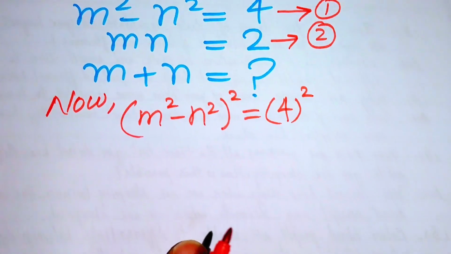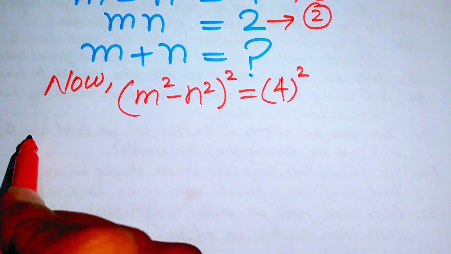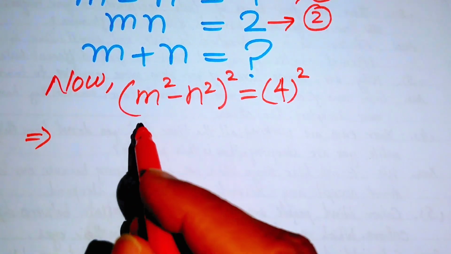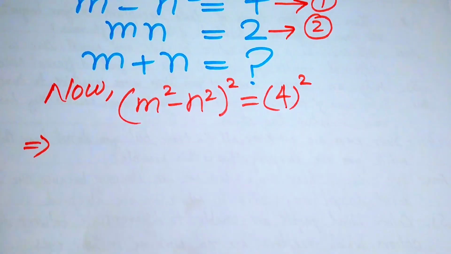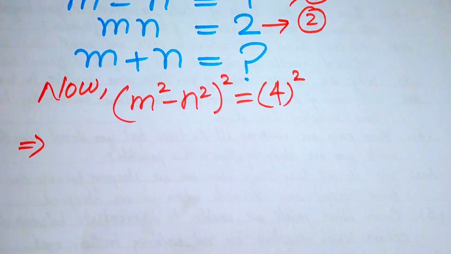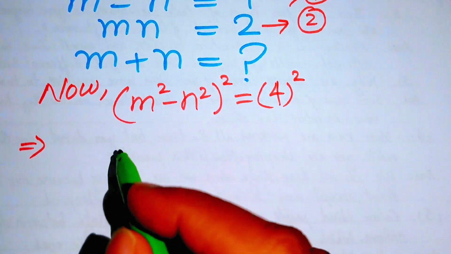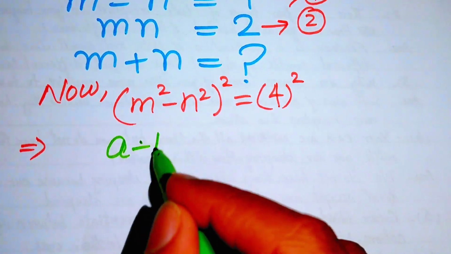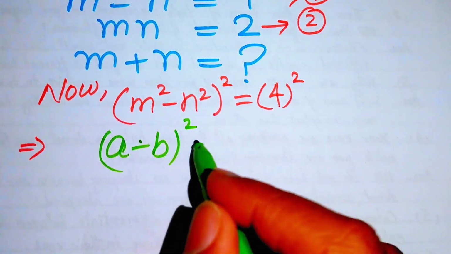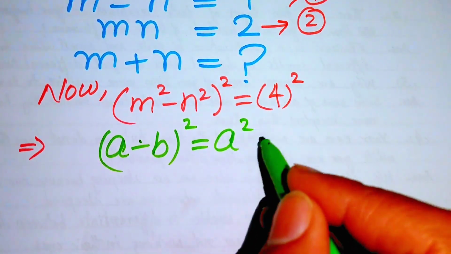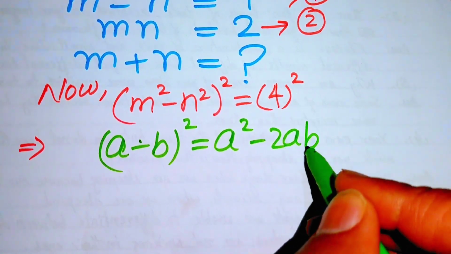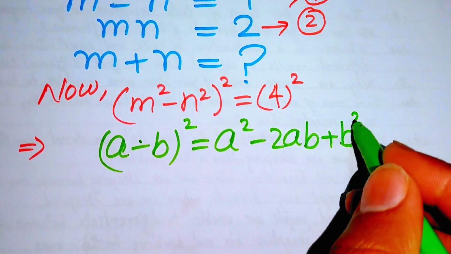So after this step, we open this square and here you see that we use the square identity, and you know about this square identity. If we have a minus b whole square, it equals a square minus 2 times ab plus b square.